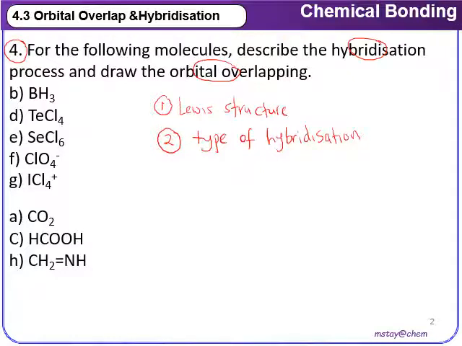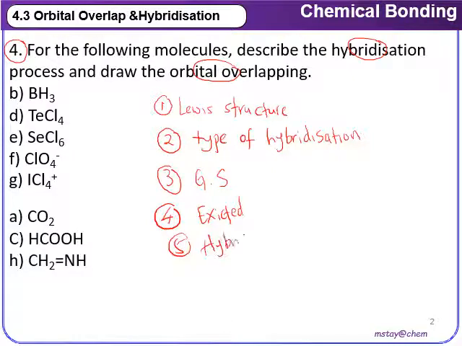Then, generally, we need to write the ground state for the central atom, and then excited state, followed by hybrid state. And lastly, we are going to draw the overlapping diagram.